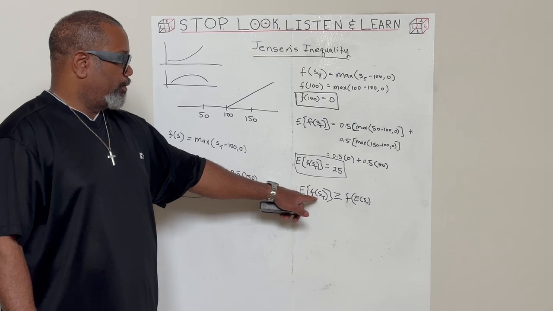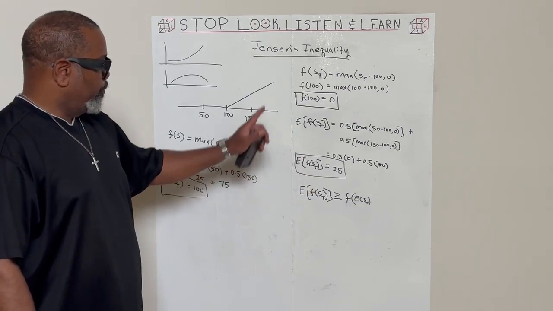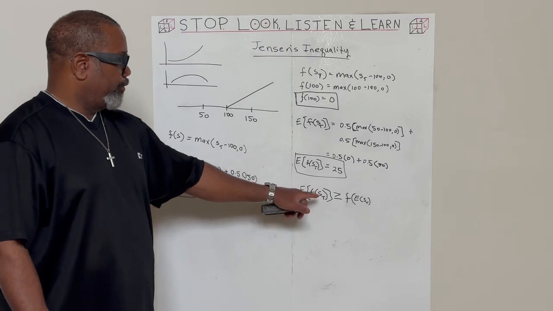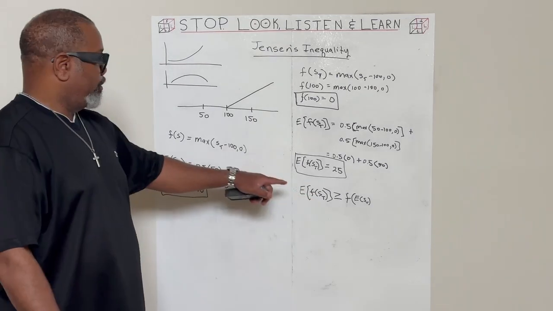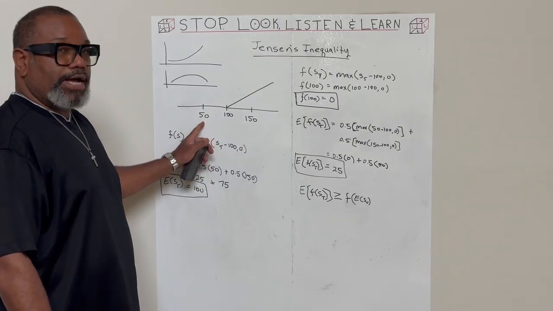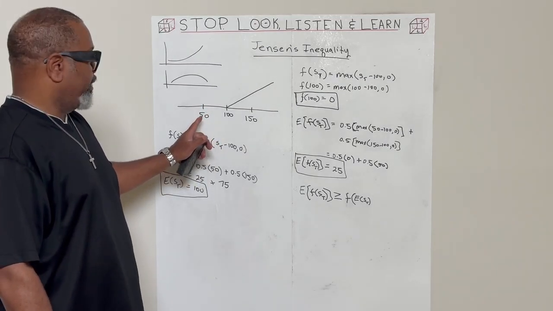So for example, if t can take, in this case, two values, 50 and 150, you figure out what the value of the function is when s of t is 50, and then you weight it by the probability of s of t being 50.